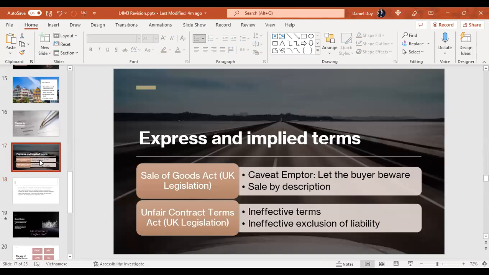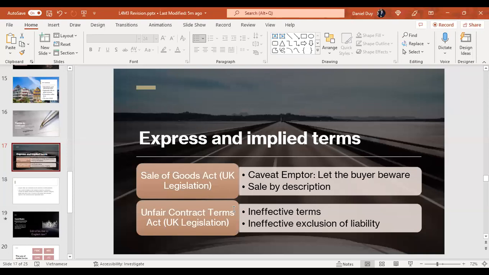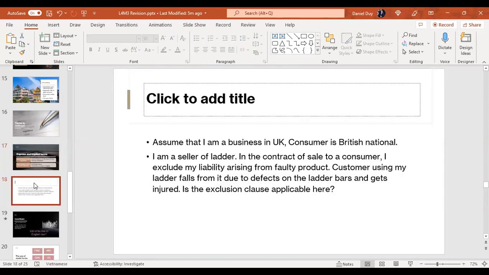And you know that if the implied term is written into a statute like the Unfair Contract Terms Act or other acts in the UK, then if you are doing business in England or in Scotland, the implied term in that case will overrule the express term.